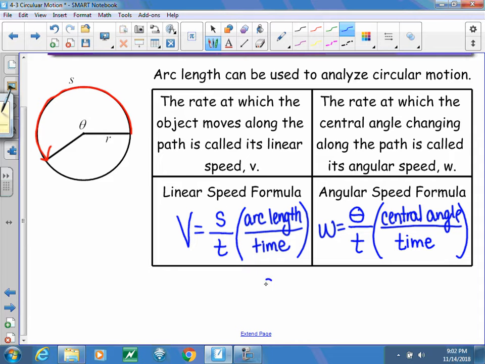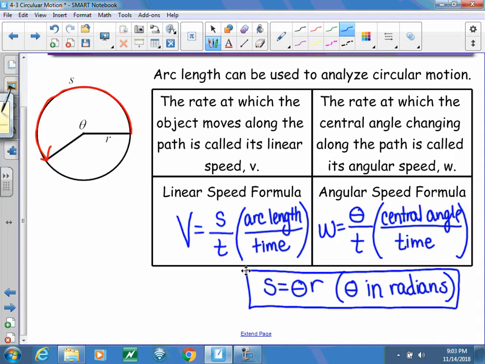Just a reminder that with arc length, I'm going to be using the formula theta times r, and we are going to have theta in radians, which is going to make things a little bit easier, especially once we get to the dimensional analysis part.